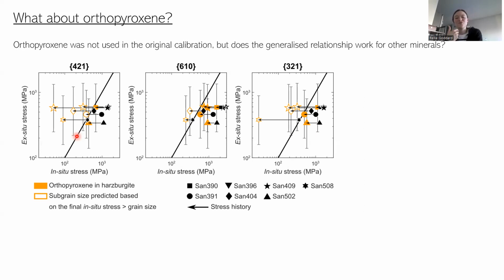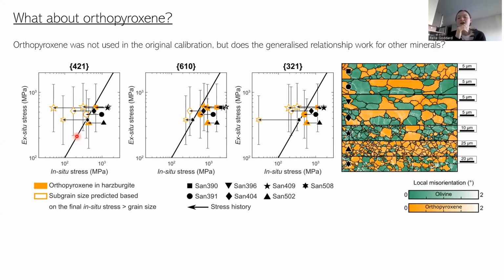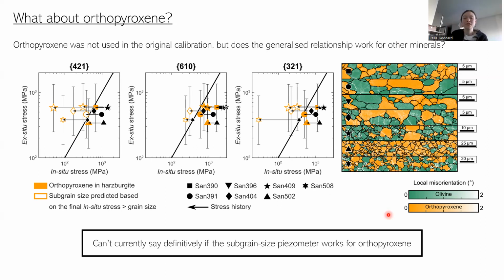So actually what I want to conclude from this is that we can't yet tell whether our orthopyroxene is accurately captured by our calibration, partly because we haven't really got any subgrains within our samples. And that's demonstrated here. You can see these are all the different experiments, and other than a very few samples that are done at low pressure and temperature conditions, most of the orthopyroxene is very bare, which is potentially because it's not deforming at all.